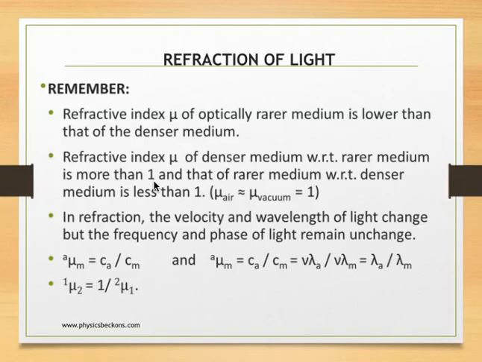And rarer with respect to denser will always be less than 1. Because for light traveling from denser to rarer, the light bends away from the normal, and for light traveling from rarer to denser, the light bends towards the normal.